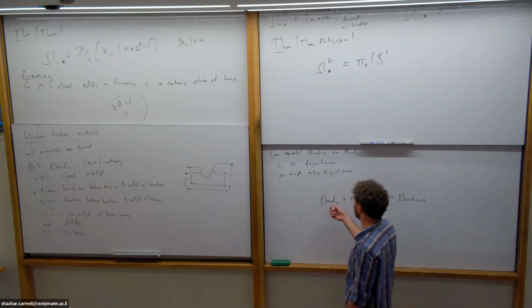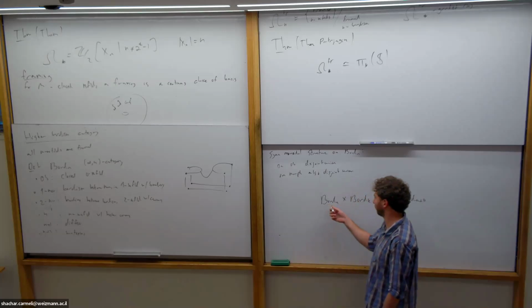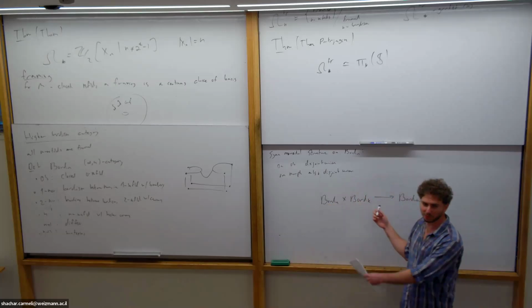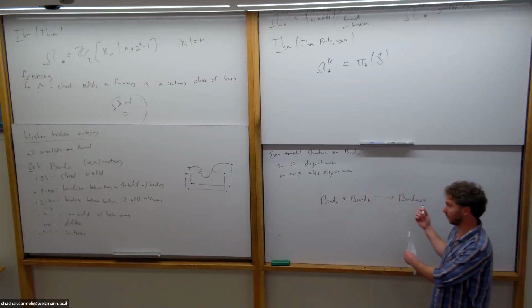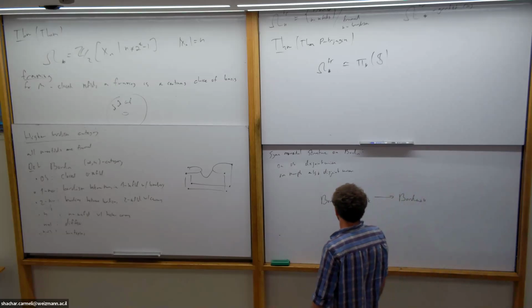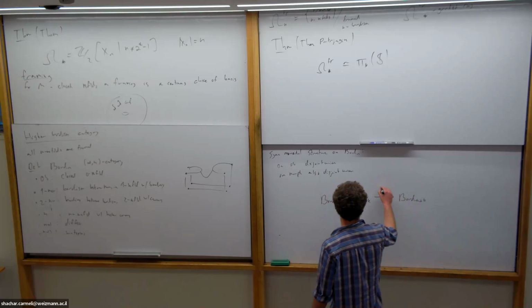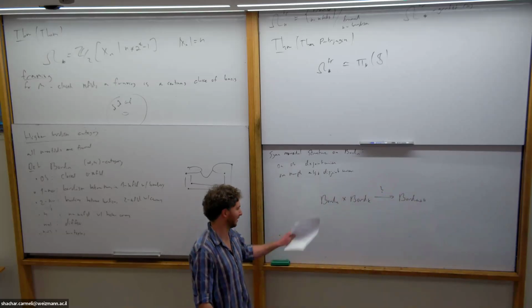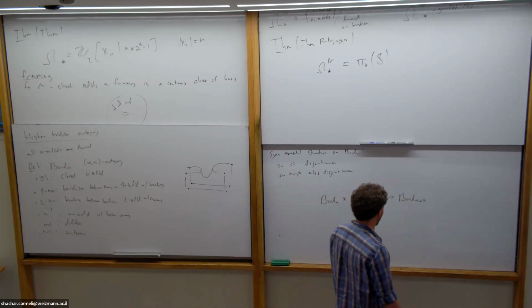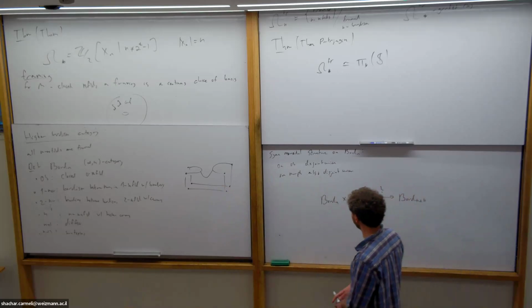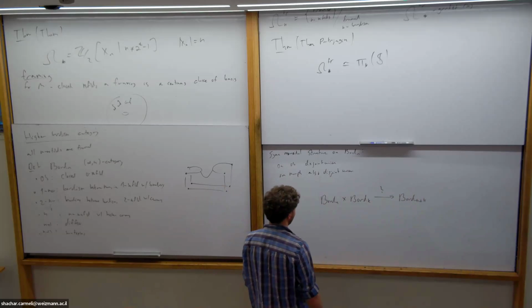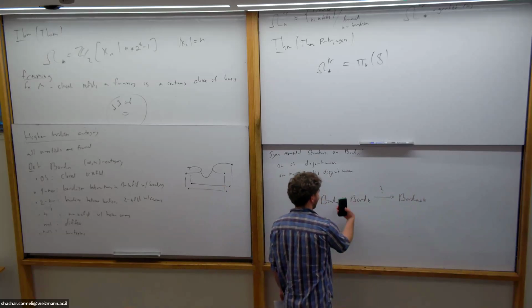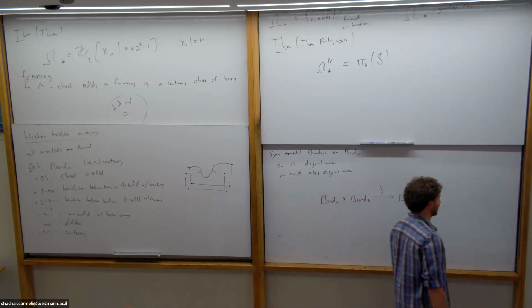Where here the top dimension was n manifolds, here the top dimension was k manifolds, so it would land in things where the top dimensions are n plus k manifolds. So can we construct such a thing? And the answer is no, not as it's stated here. Why not? There is an inherent problem in this product of categories.